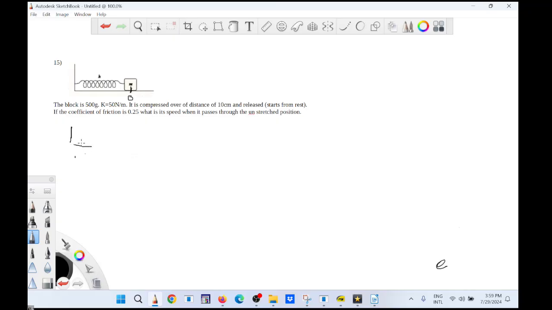Now you're going to stretch the spring, so you are doing work on it, to a new position here. That was the resting position. Now it's going to be at 0.1 meters. So all the work that you did is going into elastic potential energy.